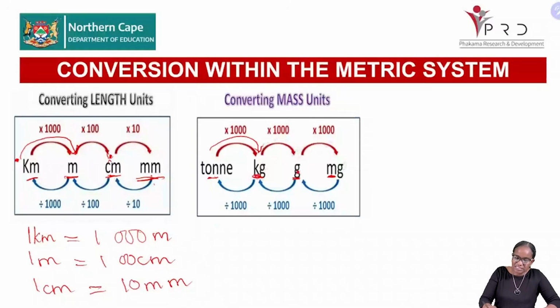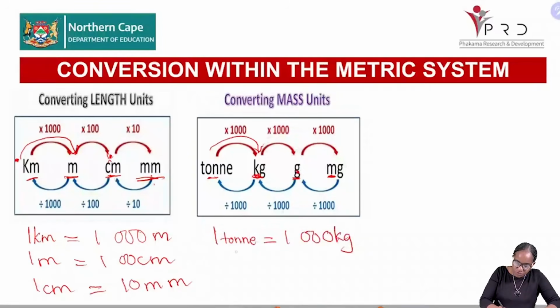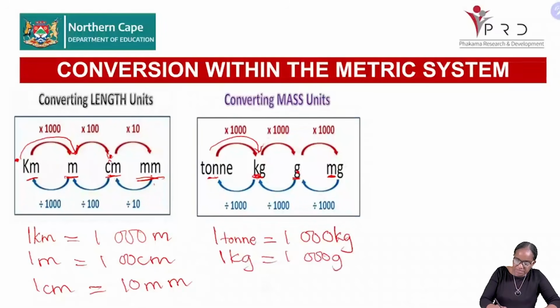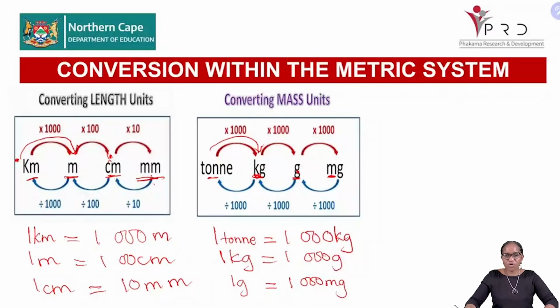So what it simply means is 1 ton is equal to 1,000 kilograms. 1 kilogram is equal to 1,000 grams. 1 gram is equal to 1,000 milligrams. That is how we convert within the metric system when measuring mass.